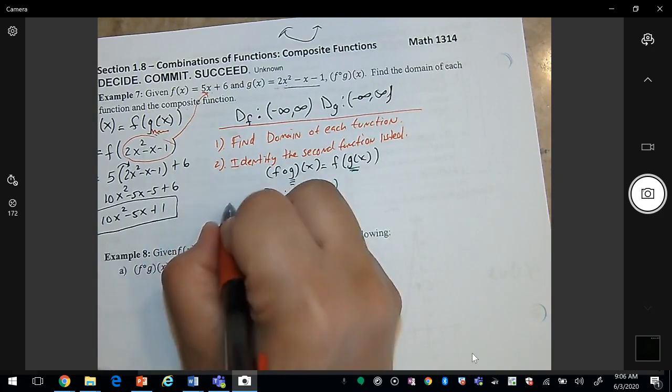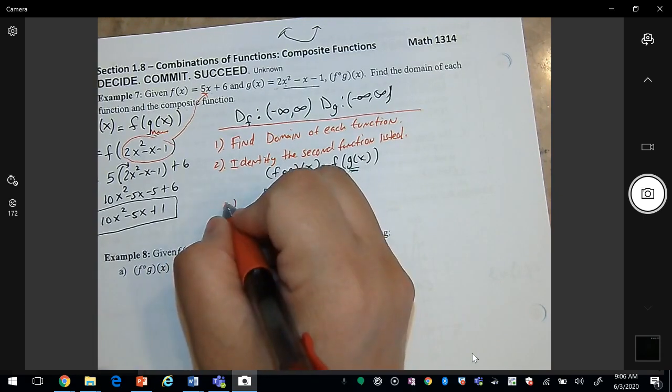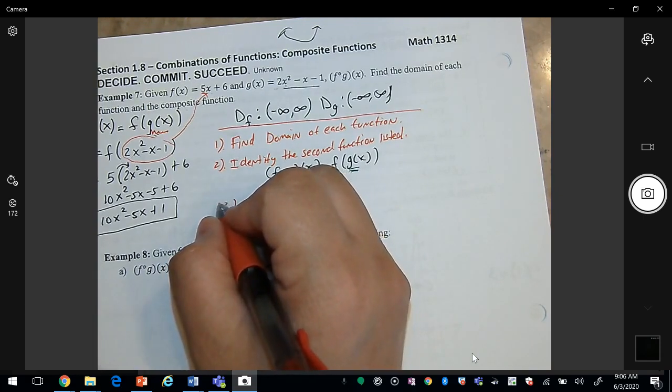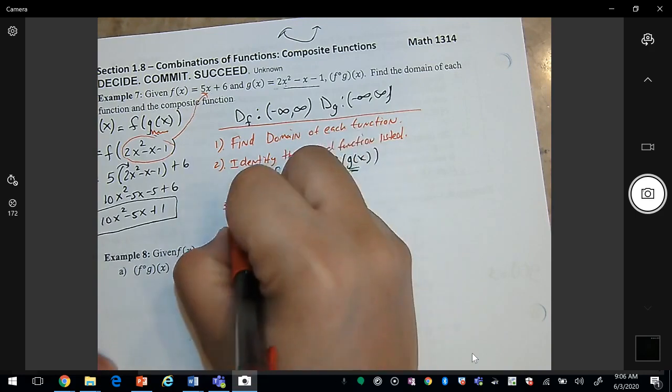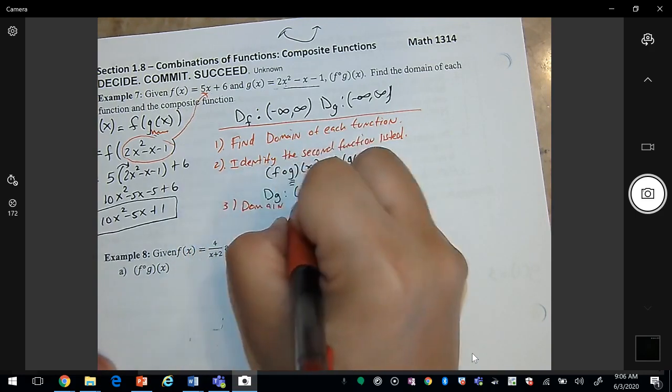Then we're going to find the domain of the composite, which is your answer.